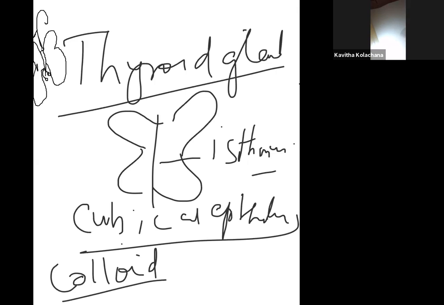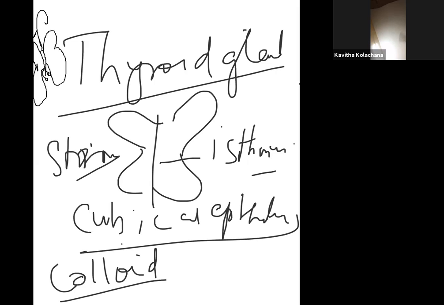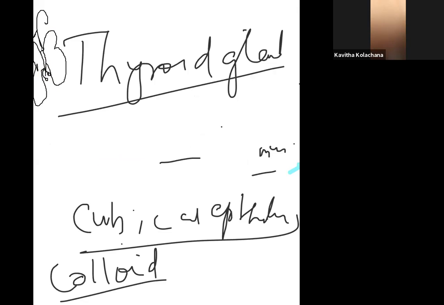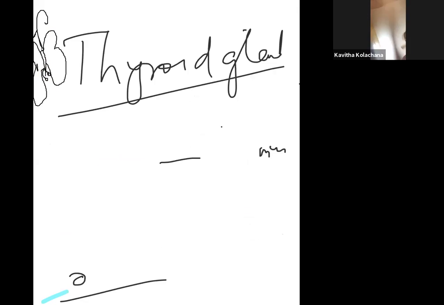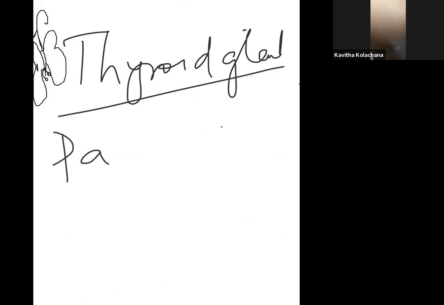It also has a little connective tissue called the stroma of the gland. Besides this, it contains clusters of specialized cells called parafollicular cells or C cells.